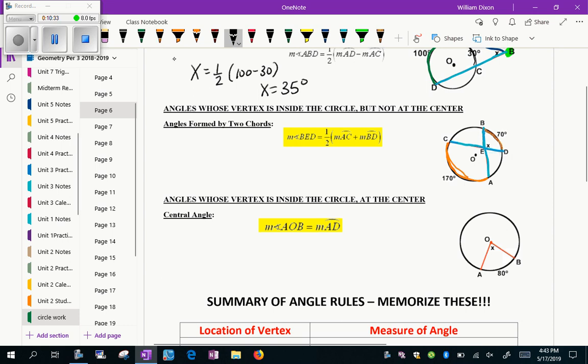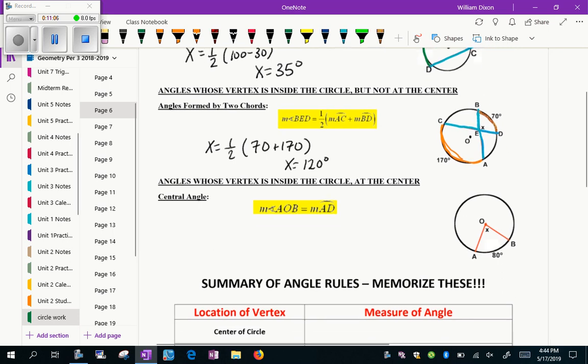So the measure of x equals 1/2. And when you find an average, you add up the numbers and divide by however many there are. So that's going to be 70 degrees plus 170. It doesn't matter the order, we're adding. So if I put that in my calculator, 1/2, add those two, x equals 120 degrees.